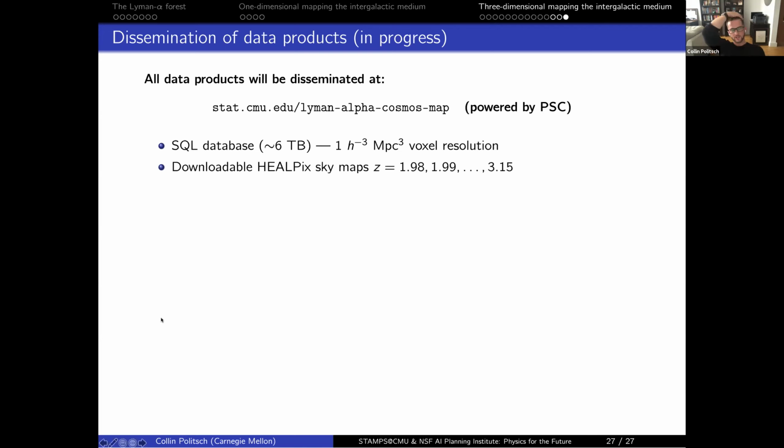So all these 2-dimensional sky maps that I've been showing you are going to be available in FITS format for every 0.01 units in redshift space between 1.98 and 3.15. And then the full downloadable catalog of candidates for galaxy protoclusters and cosmic voids, as I just mentioned on the last slide, approximately 180,000 of those each at least at a 3 sigma level.